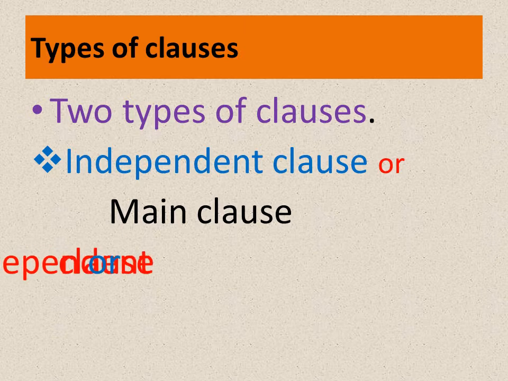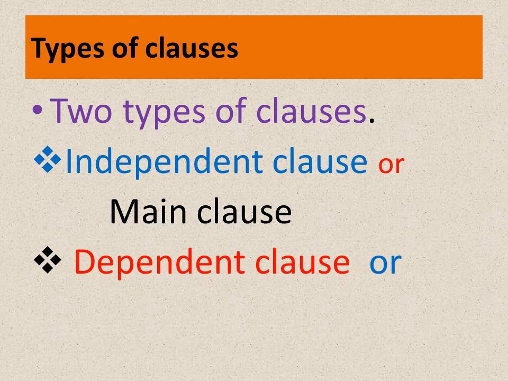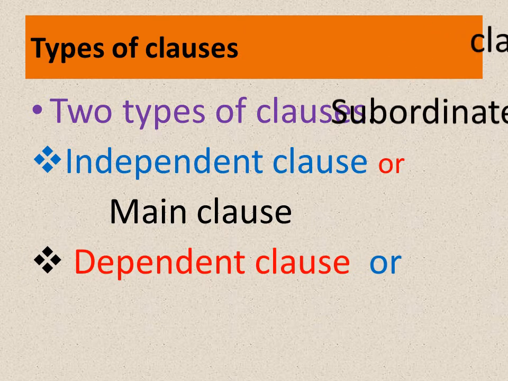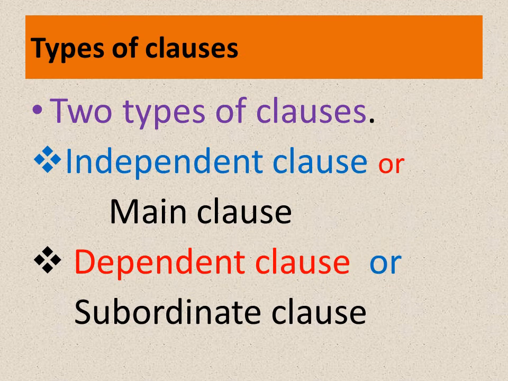The second clause is dependent clause or subordinate clause. So students, how many clauses are there? Two. What are the two? One is independent clause or main clause. Second one, dependent clause or subordinate clause.